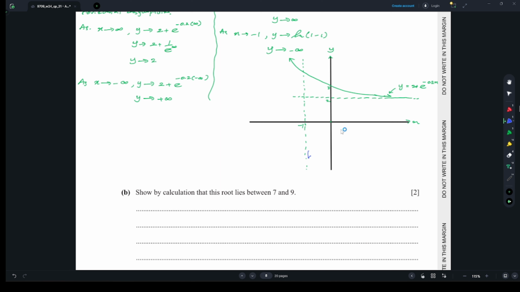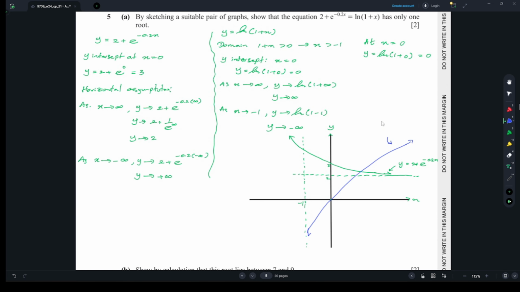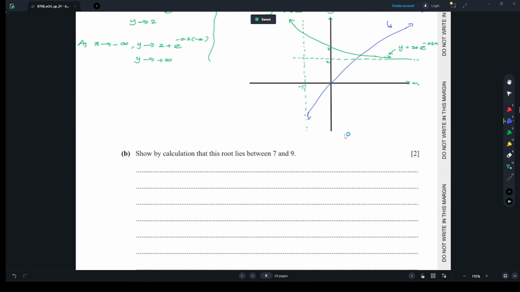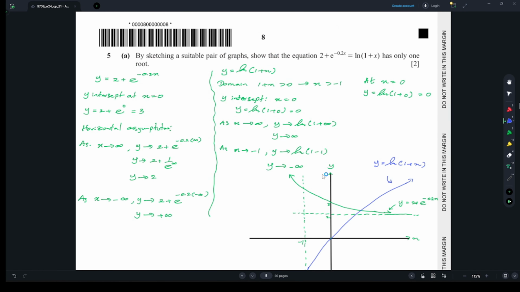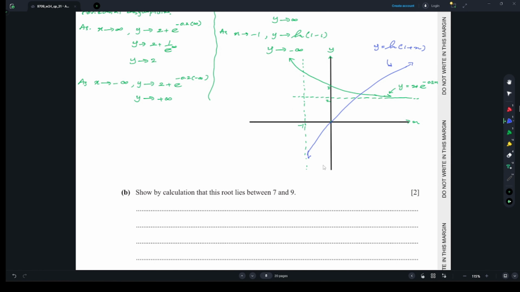Okay, so then it will be a graph something like this. So this goes to infinity. This is 0. So this is the graph of y equals ln 1 plus x. Okay, this is the sketch.